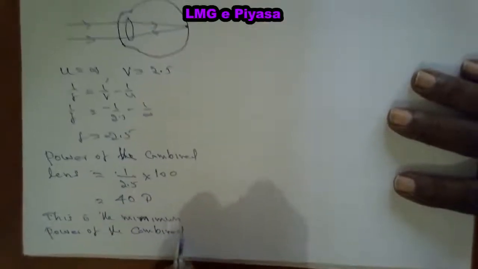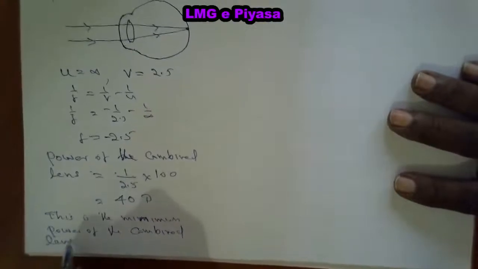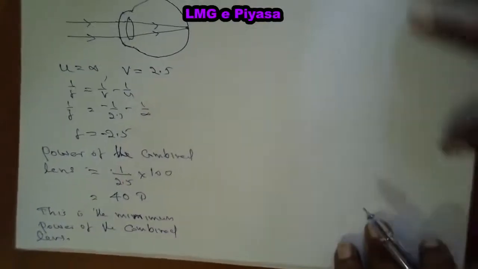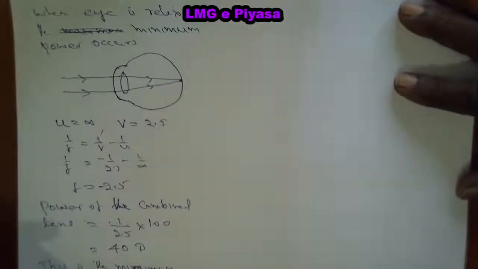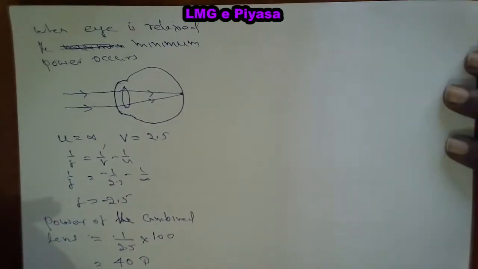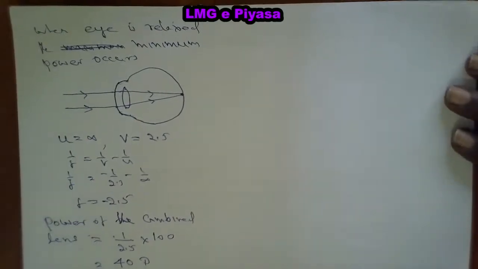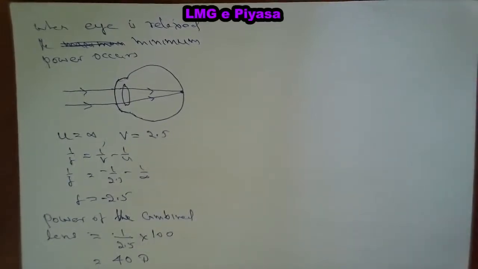Combined lens, parallel rays also. In this case, the ciliary muscle remains in relaxed position, right? The ciliary muscle normally sets in relaxed position in order to see objects at infinity.